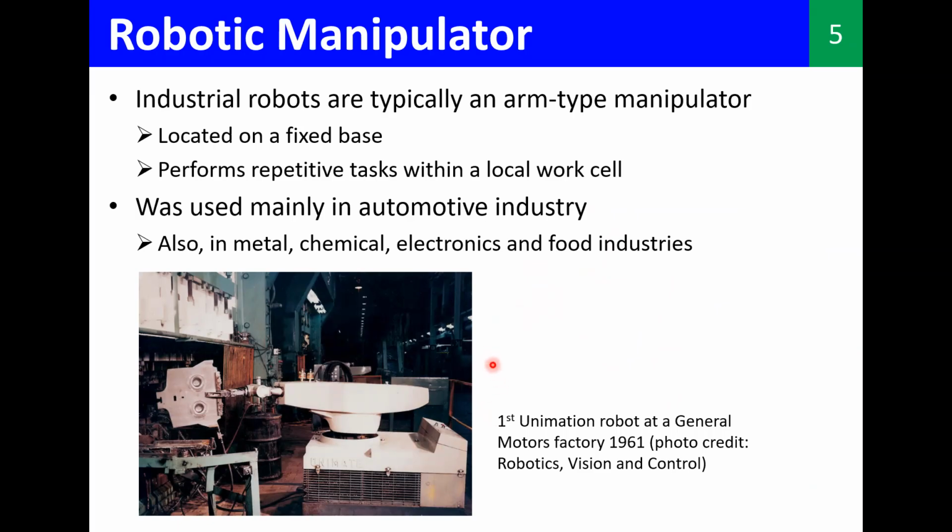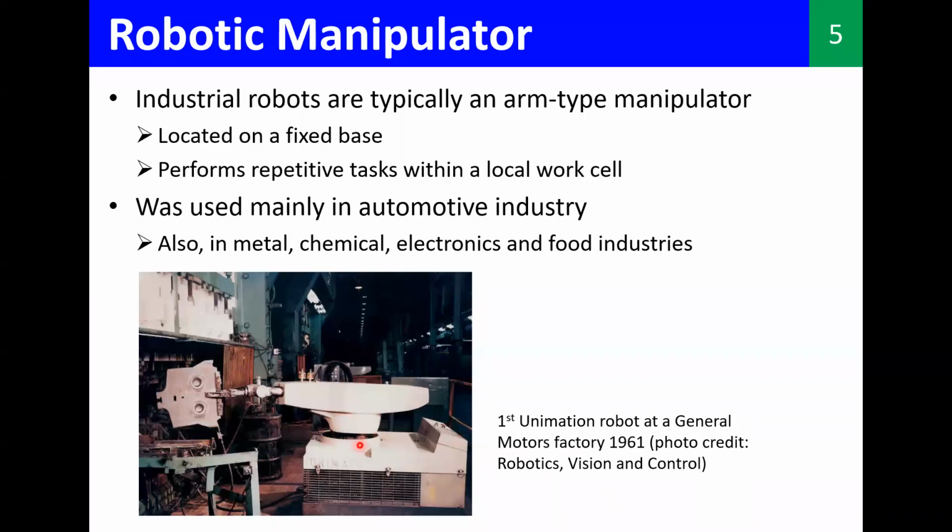So these robotic manipulators are typically arm-like robots, right? There is a fixed base attached to the environment, and it will perform some repetitive task in a confined cell. So this is like a working cell, and it will do something that is programmed.